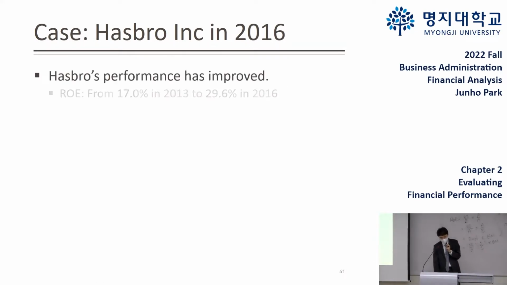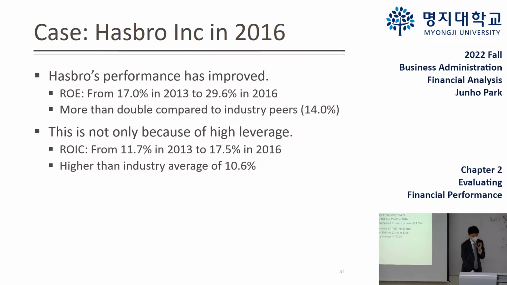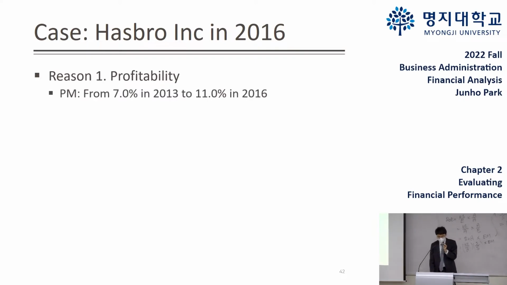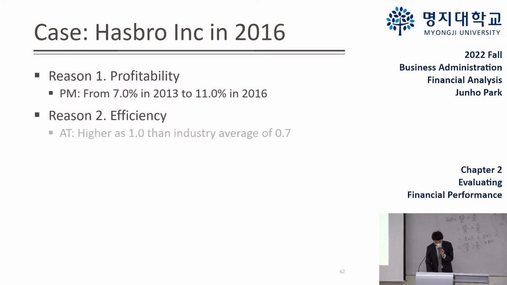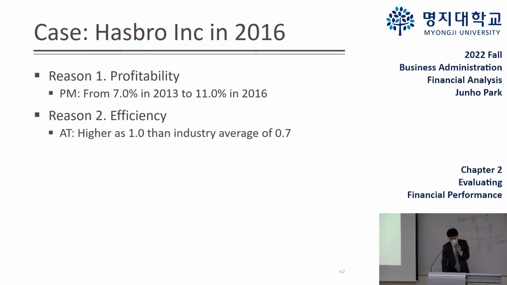Therefore, we can say that the higher ROE is not coming from the leverage. There are several reasons. First, profitability: the profit margin is higher. And second, regarding asset efficiency, it has a higher asset turnover than its industry average.